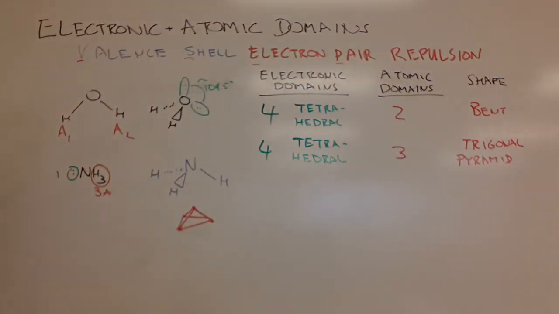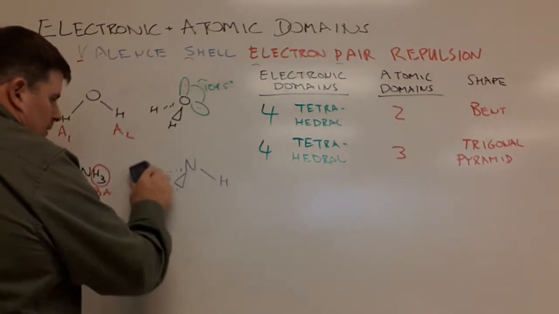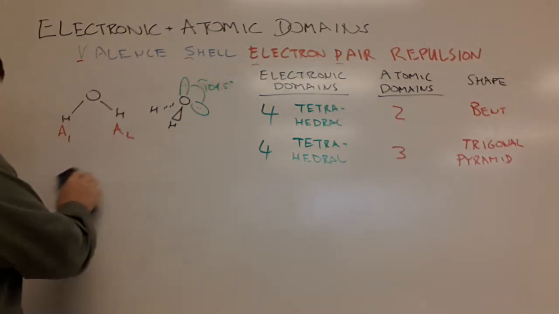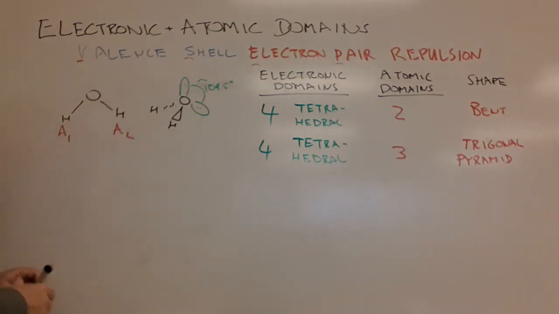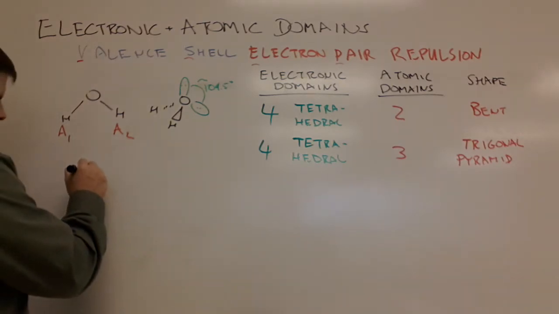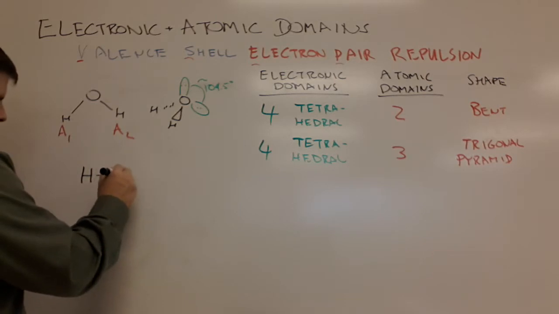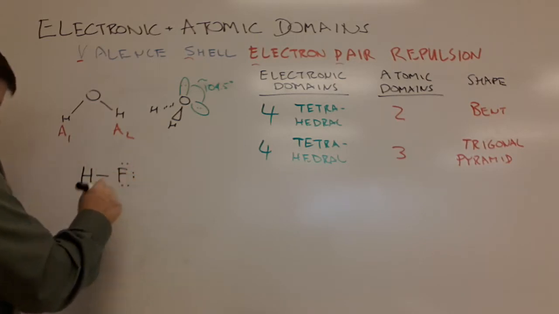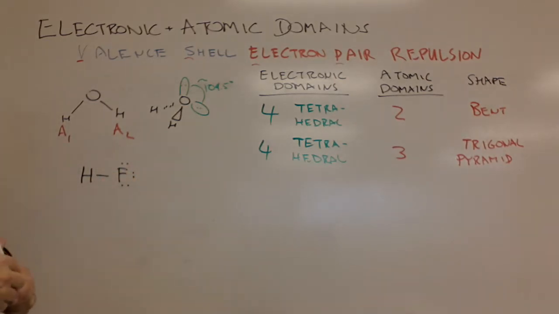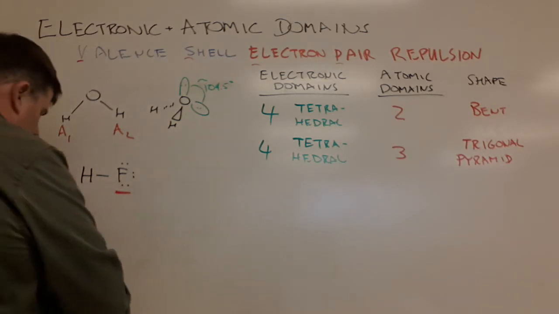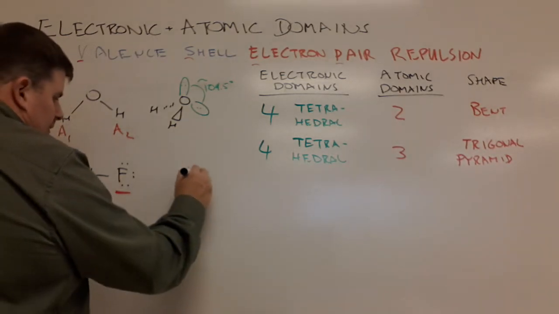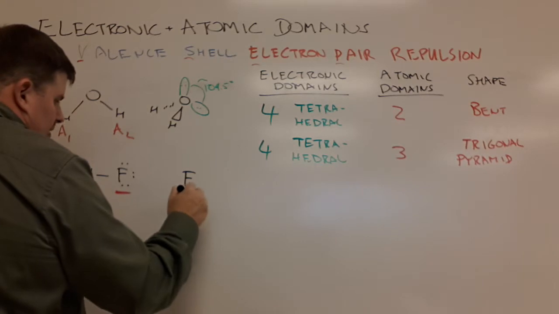So let's look at one more structure. Okay? Erase nitrogen here for a second. And what I'm going to use here is HF. But this time, instead of looking at the hydrogen, I'm going to look at the fluorine. So I'm going to look at that guy. If you look at fluorine, fluorine has got 1 bond to hydrogen.